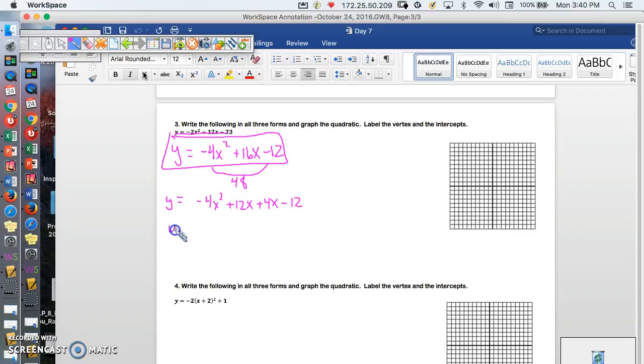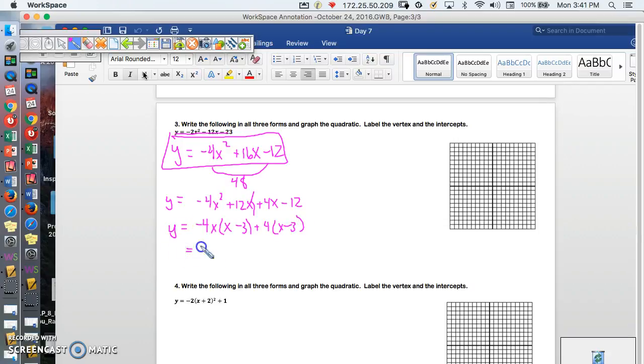And if we factor it, I want to make that x positive, so let's pull out a -4x if we're factoring by grouping. So this is x minus 3. We could take out a +4 and we have x minus 3.